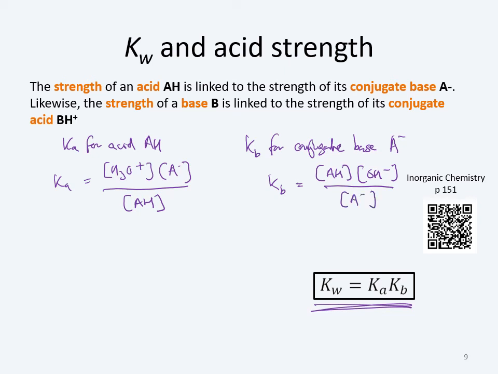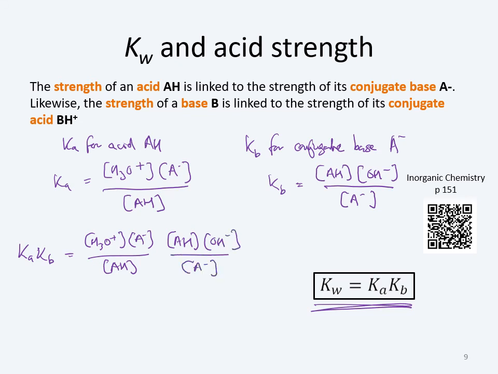These equations are just from the previous slide. Let's see what happens if we multiply these two together, because that's what we have to do to get the equation I've already shown you. So Ka times Kb is equal to [H3O+][A-] over [AH], times [AH][OH-] over [A-].